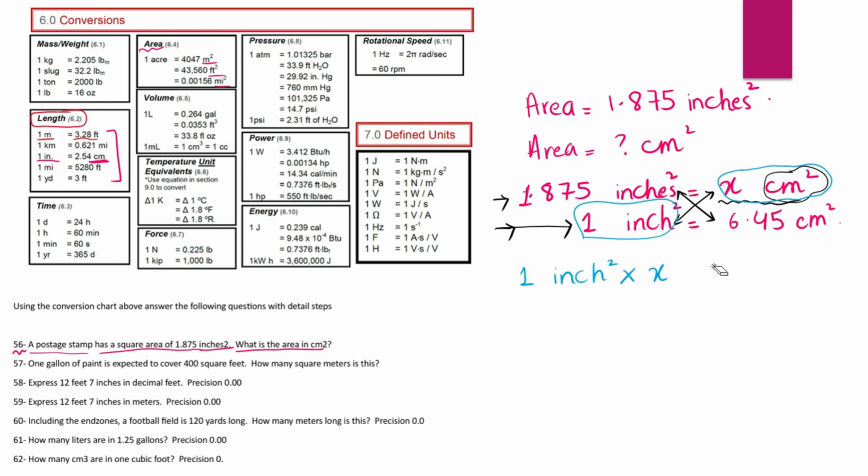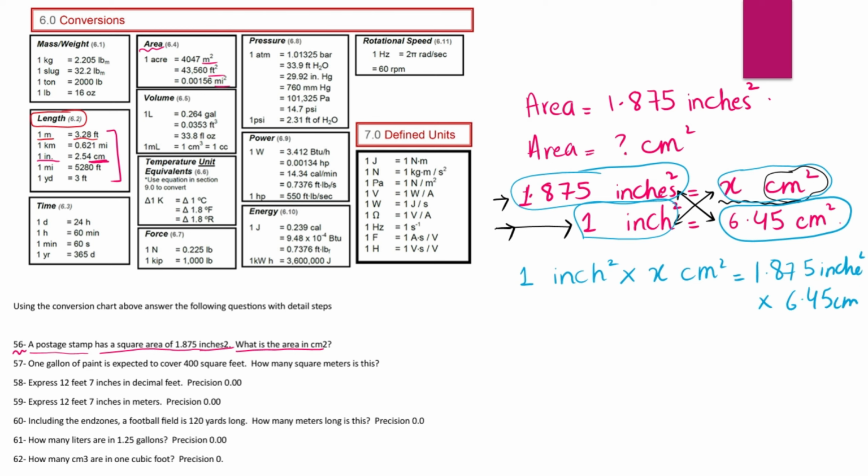You can write it like this as well, centimeter square equals to, okay, we have 1.875 here. Now we need to multiply this thing by this thing, right? We are doing the cross multiplication, so 1.875 inches square multiply by 6.45 centimeter square.